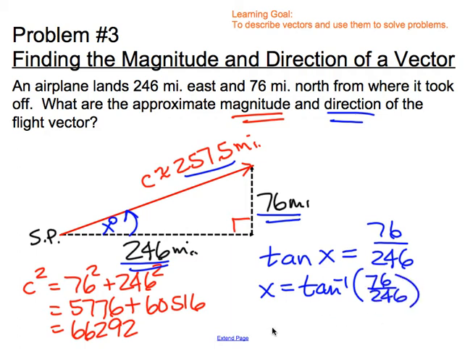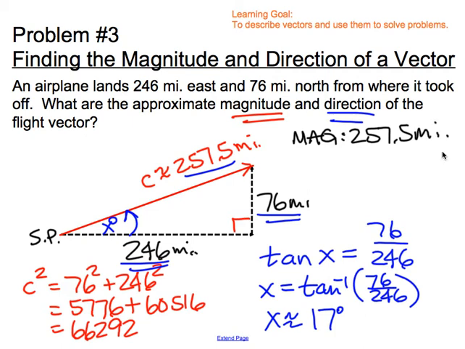And so x to the nearest degree is about 17 degrees. So the vector here that we're talking about has a magnitude of approximately 257.5 miles. And I would say that it is 17 degrees north of east.